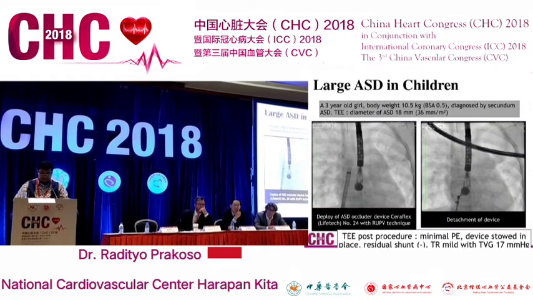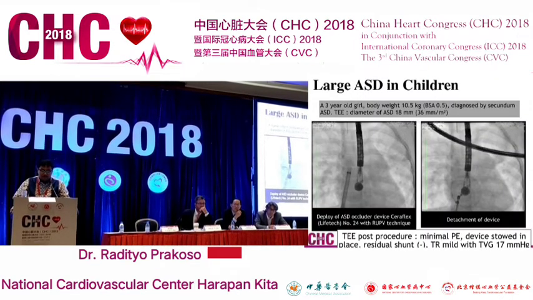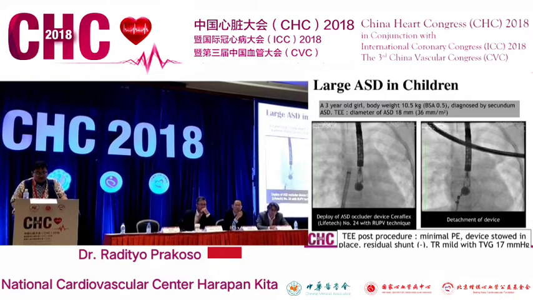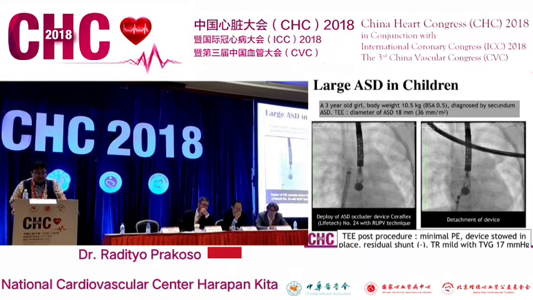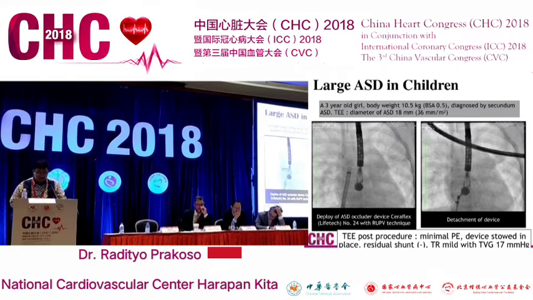And how about in children? We have an experience with a child with body weight of 10 kg and an ASD diameter of 18 millimeters, so that is 36 millimeters per square meter.